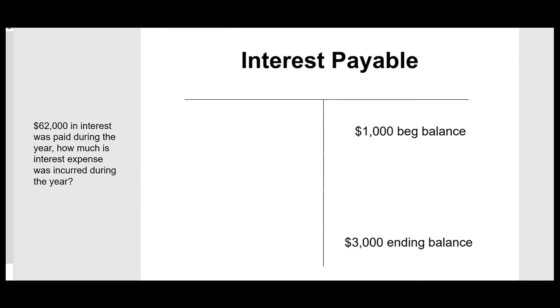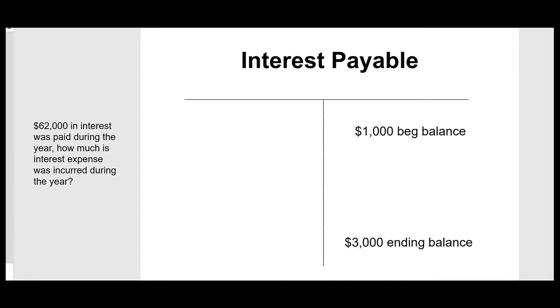So what you should do is take a question like this and just make up your own numbers and see if you can solve it. Change one number here, one number there. That's what I call the finer points of studying for the CPA exam. So if you have 62,000 in interest paid for the year, and if your beginning balance is 1,000 and your ending balance is 3,000, change one of the numbers and see if you can solve it.